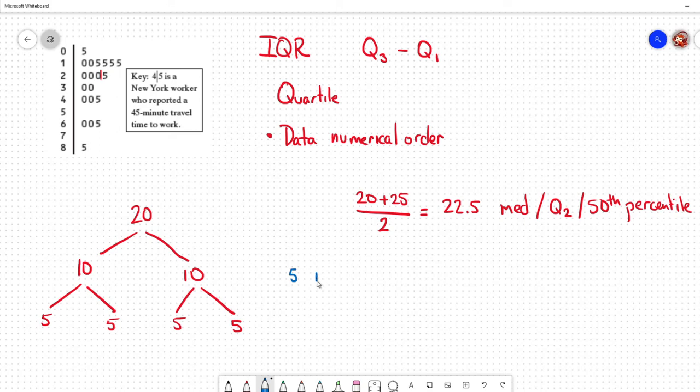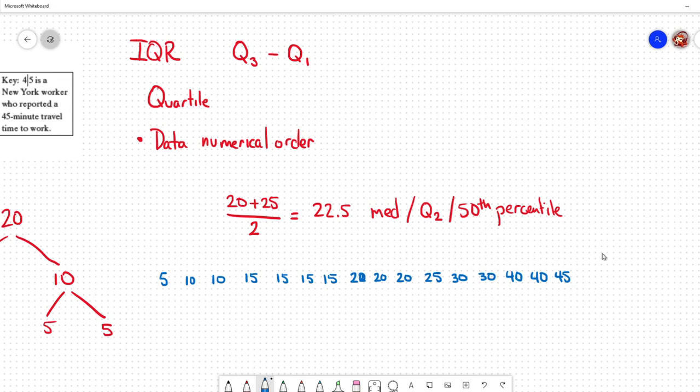Visually, there's my Q2. Here's 10 data points, and here's 10 data points.